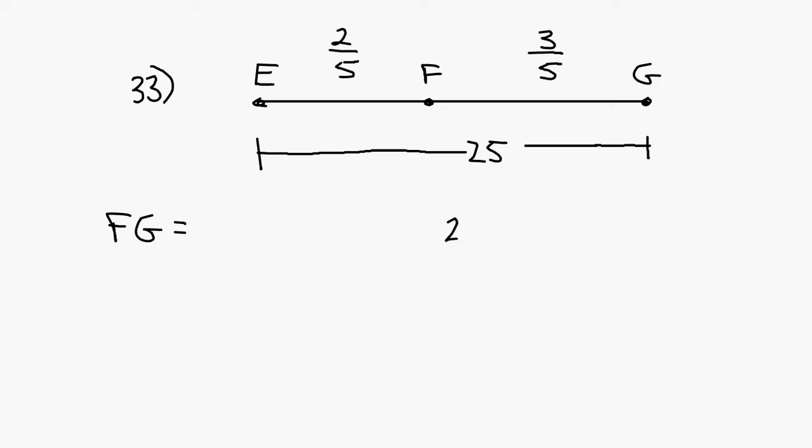So if you take 25 and divide it by 5, it's equal to 5. That means each 1/5 of this segment is equal to 5. So if this piece is 2/5, then it's 10. And FG is 3/5, so it would have to be 15. So FG is equal to 15.